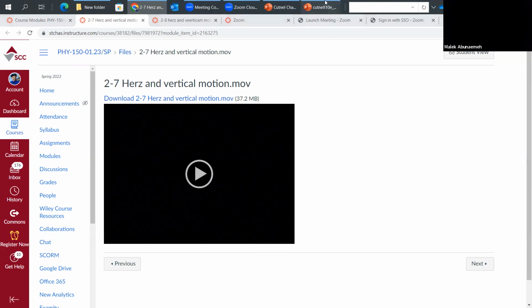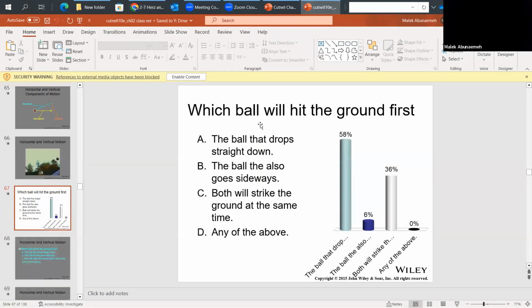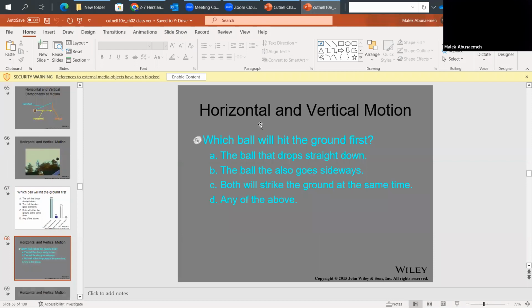Would it be the ball that drops straight down, the one that goes sideways, both at the same time, or none of the above? Go ahead and guess your answer.